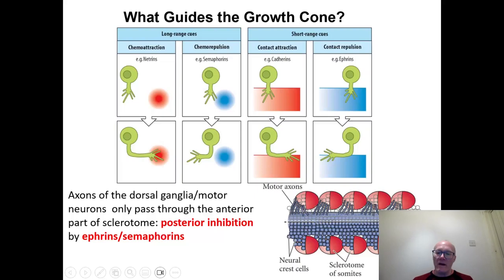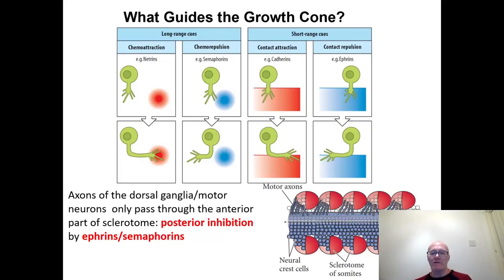Now, here I come back to this cartoon that I used to show you how the neural crest cells only migrate to the anterior region of the sclerotome. Similarly, the motor neurons only grow through the anterior region of the sclerotome, not the posterior region of the sclerotome.